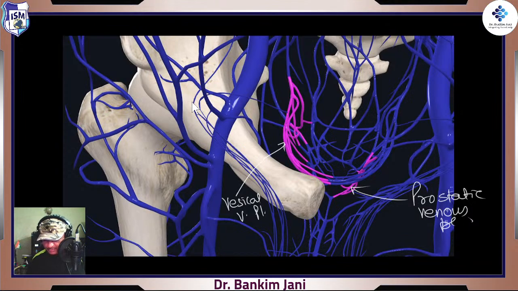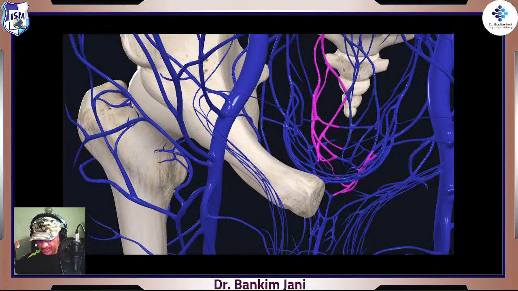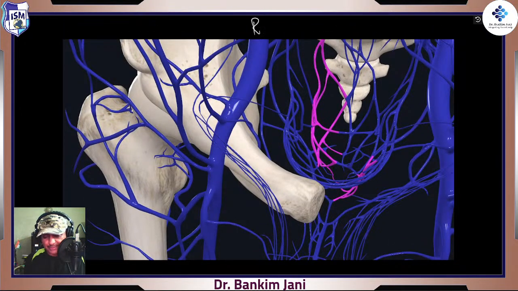But this was one important point. Okay, see the shape itself, right? This can only be the rectal venous plexus.